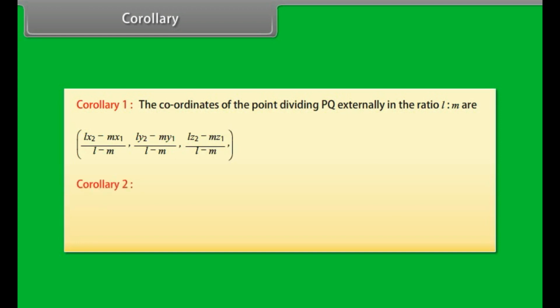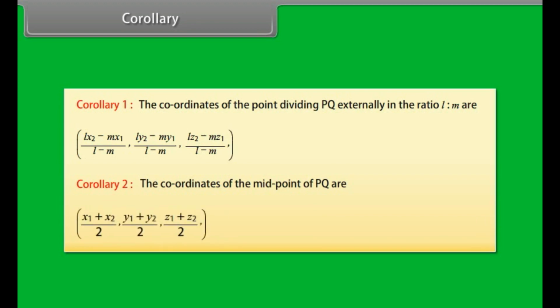Corollary 2. The coordinates of the midpoint of PQ are ((x1 plus x2) by 2, (y1 plus y2) by 2, (z1 plus z2) by 2).